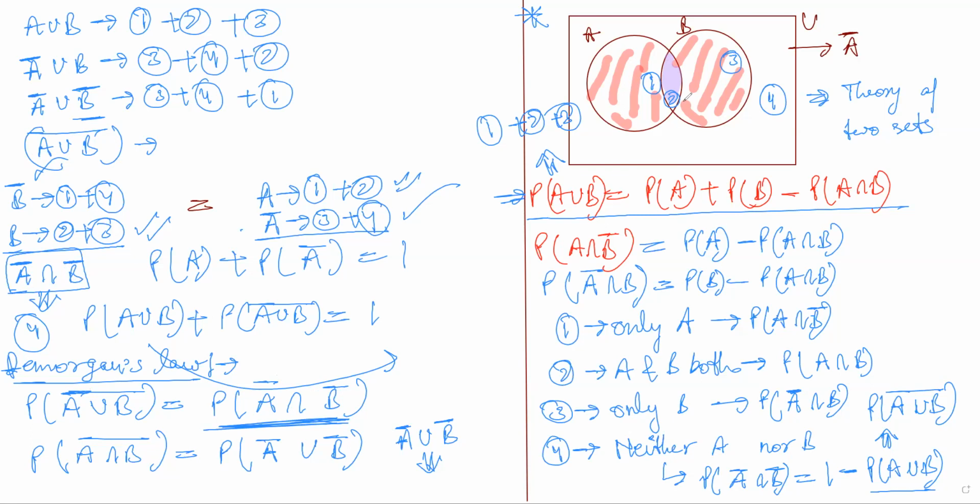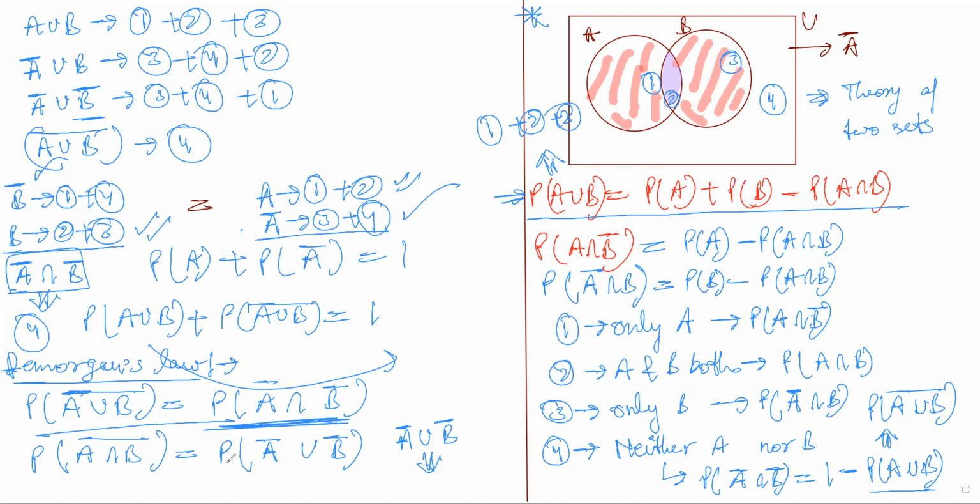A union B is 1, 2, 3, but we are taking the complement of it, so basically we are talking about the fourth. You can understand these two portions are equal, because A complement intersection B complement also represents the fourth, while A union B whole complement also represents the fourth.